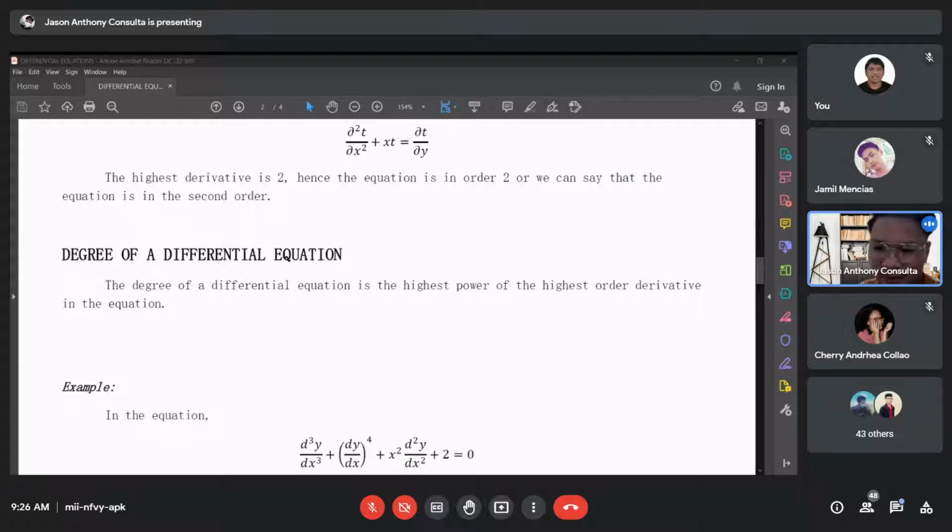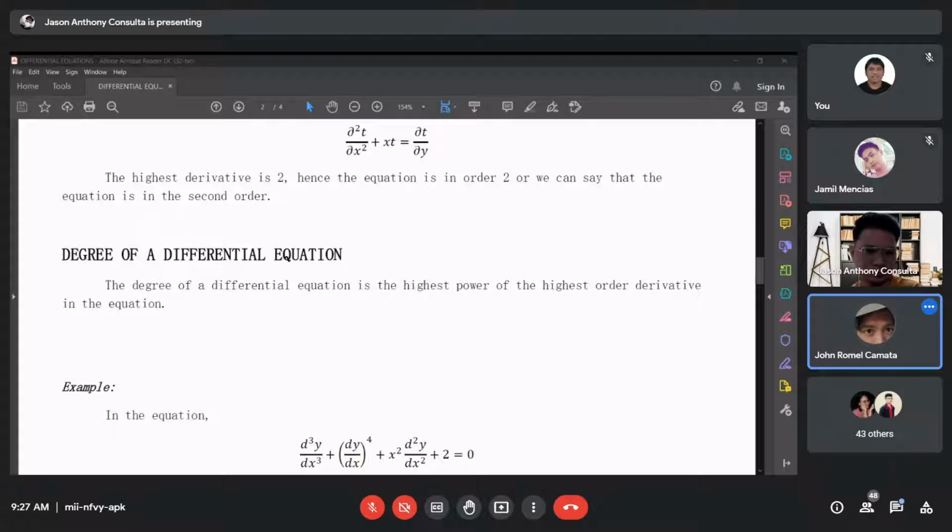Hindi, ganito yan. Okay, may sumagot na pala si John Romel Kamata. Hello, John Romel. Hello po, sir. Okay, so can you explain to us why first degree yung sagot mo? Yung highest order po kasi, sir, sa equation is 3, which is meron siyang degree na 1.